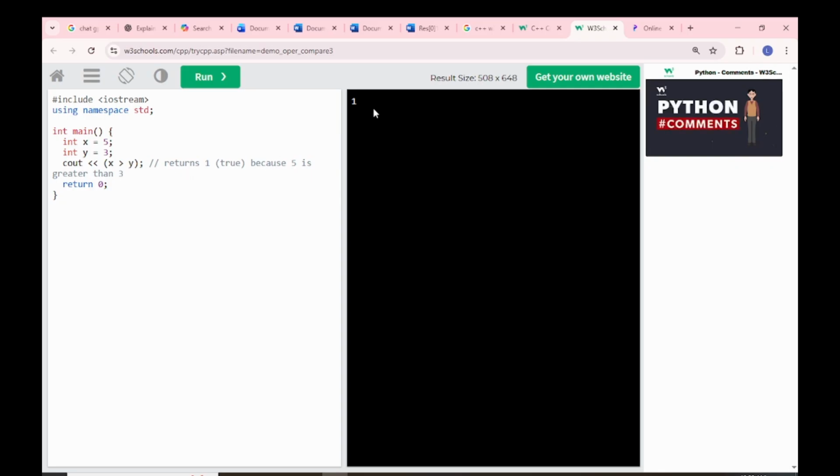So yes, this returns 1 because 5 is greater than 3. Okay, so if you just change bool, maybe this bool 2, let's see what does this give us? 0, right?